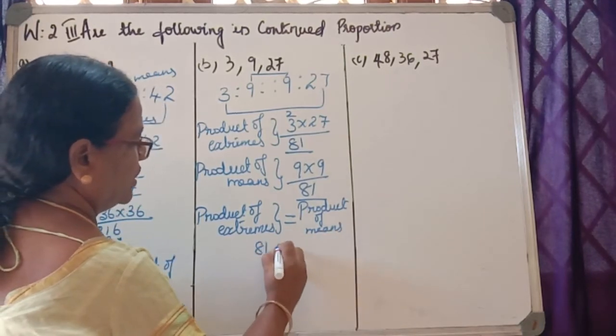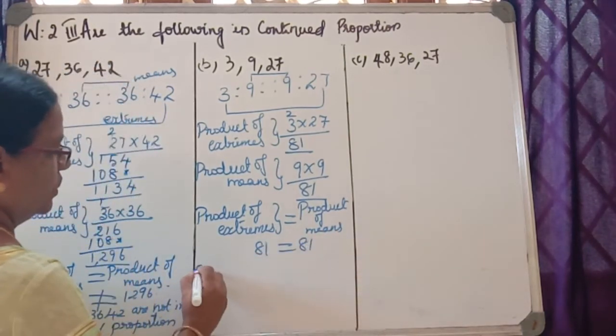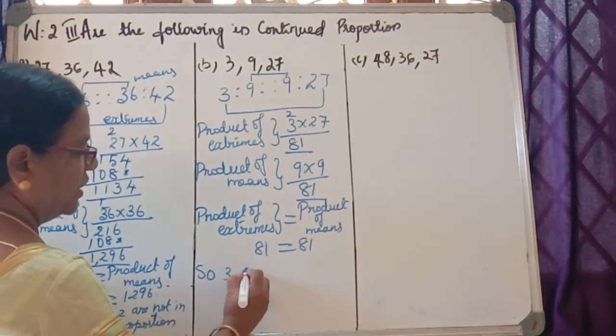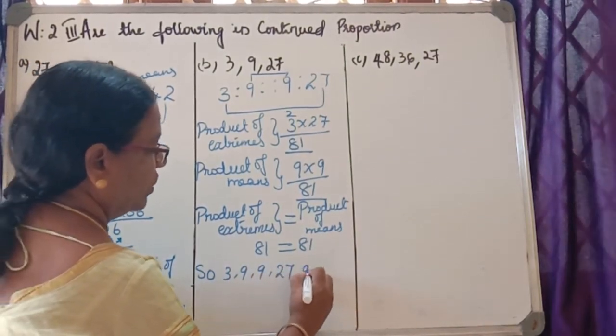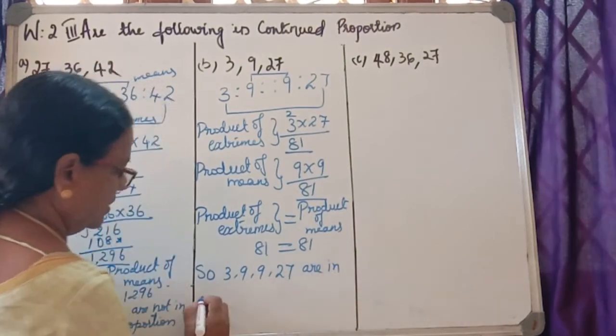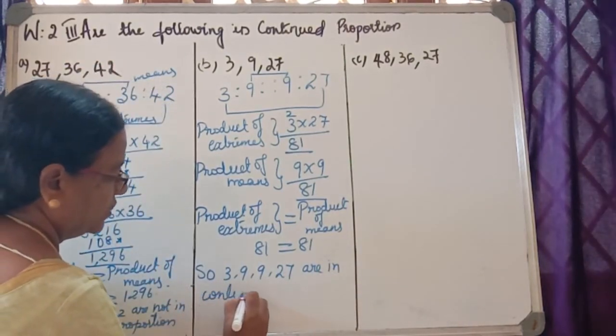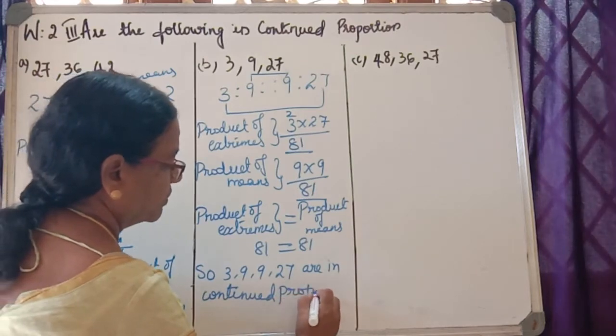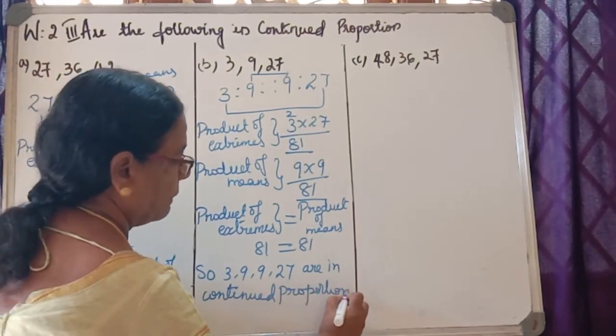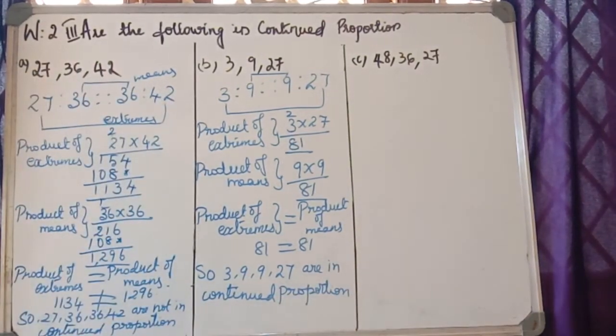That is 81 is equal to 81. So 3, 9, 9, 27 are in continued proportion. Shall we move to the third sum?